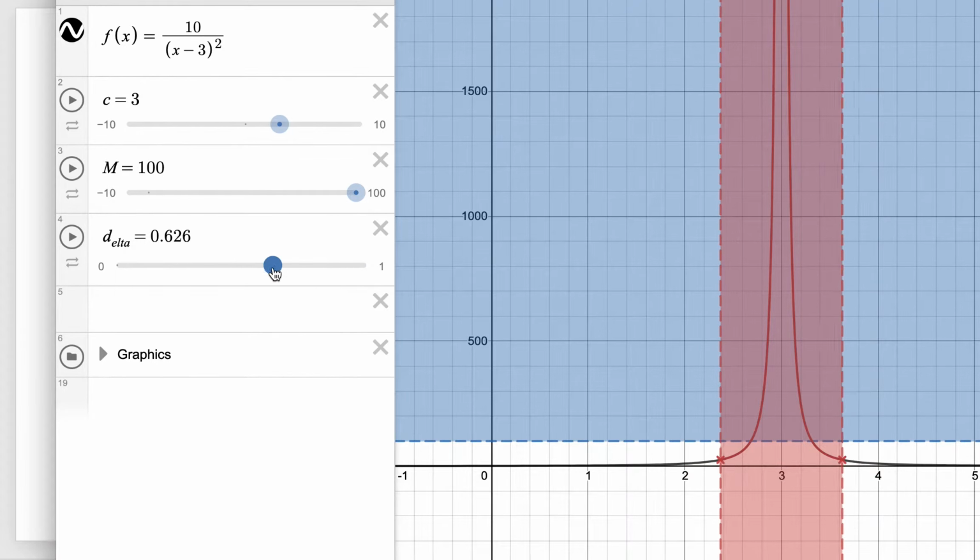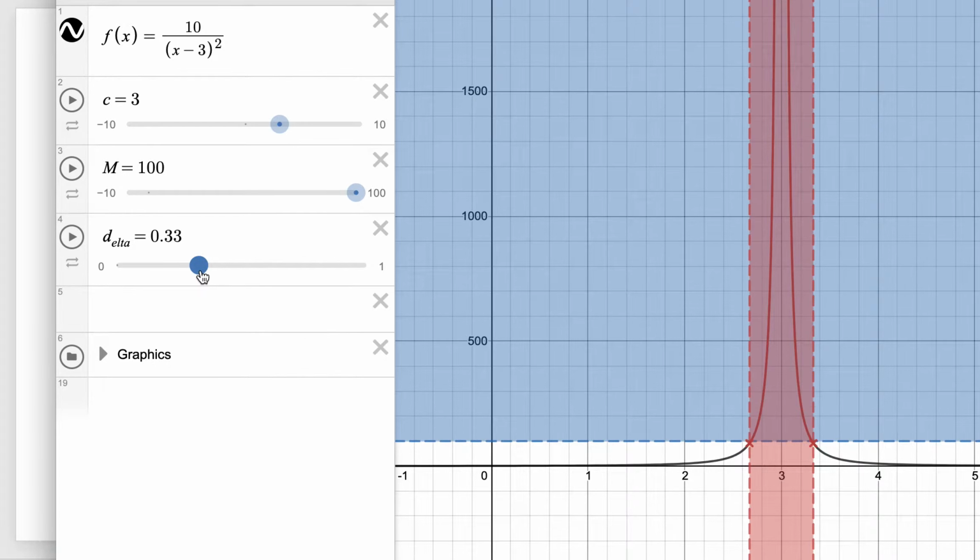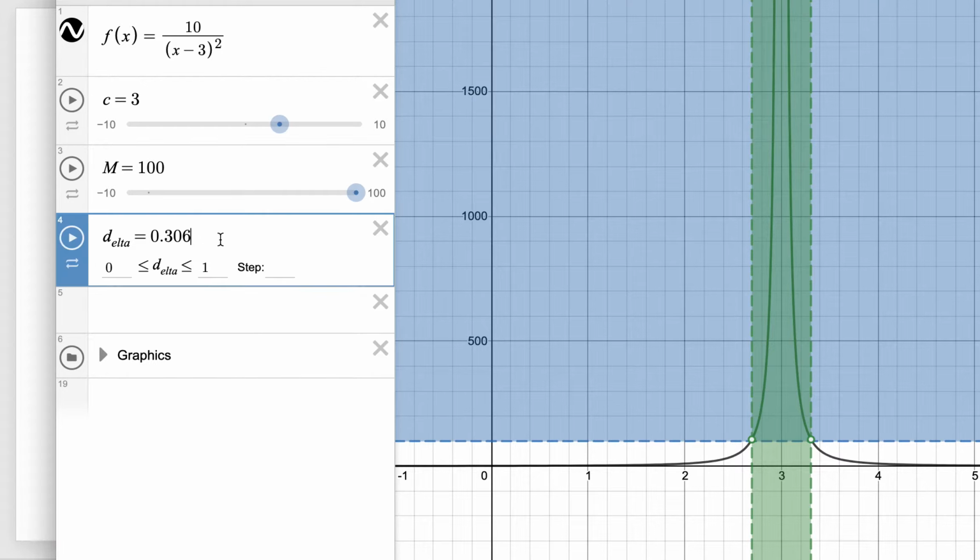Okay, so if I want to see when the numbers are greater than 100, then I need to shrink my delta down to about, there it turned green, about 0.306. Let's just say 0.3. I like that one better. So when delta is 0.3, all of the y values within there are greater than 100.